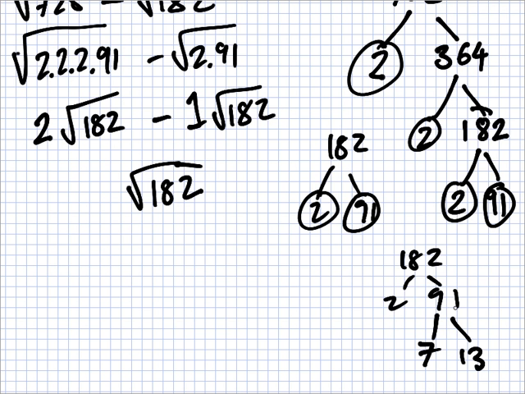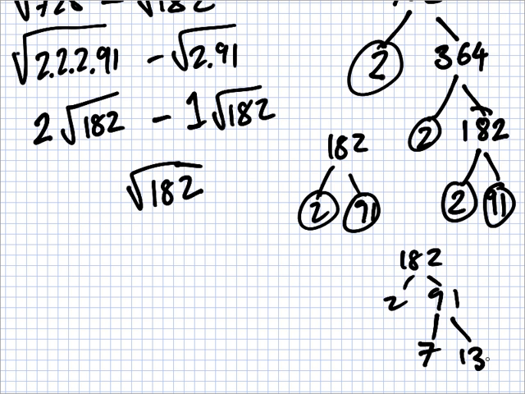You can't get any perfect squares out of 182. We can get a 2, a 7, and a 13, but that's no good to us. So we can leave it as root 182. So if you went with 7 at the start, that's fine as well. You'll get the same answer in the end. That's what's good about this method, is that it doesn't matter which multiplications you pick at the start. It should still work out in the end.